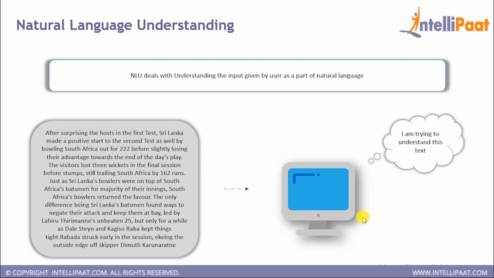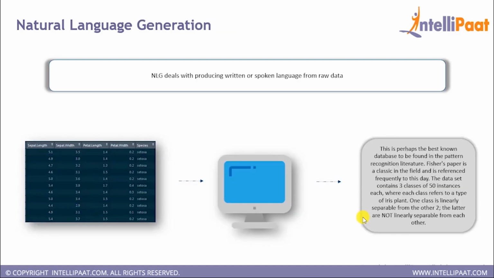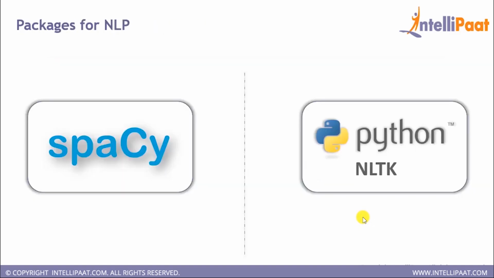And this is where the machine analyzes the different aspects of language. Then we have natural language generation. So NLG deals with turning raw data into simple human understandable language, or in other words, producing natural language from raw input.